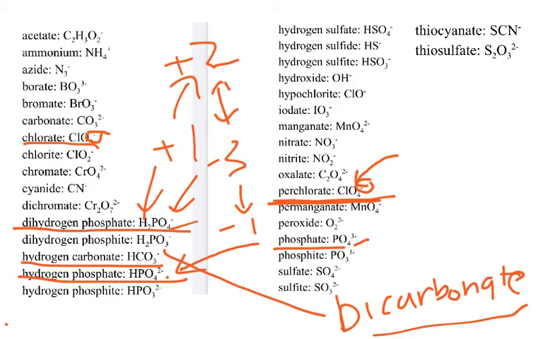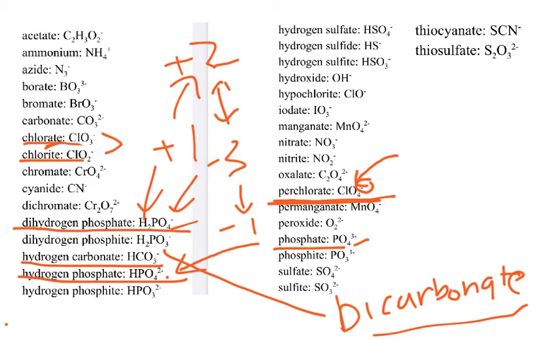Now, what happens when I change the "ate" in chlorate to an "ite", like chlorite? Well, if I change the "ate" to an "ite", I will remove an oxygen, so ClO3 minus will become ClO2 minus, so minus 1 oxygen, but the charges still stay the same.